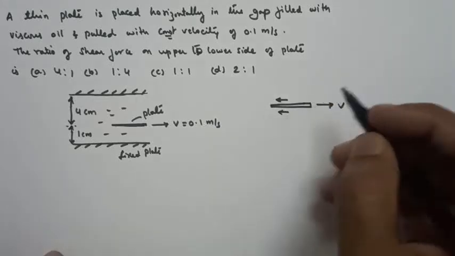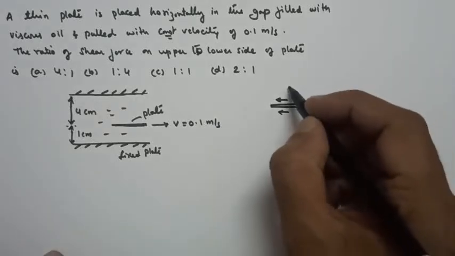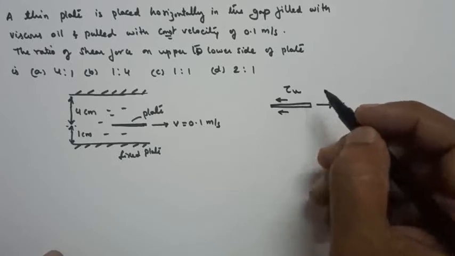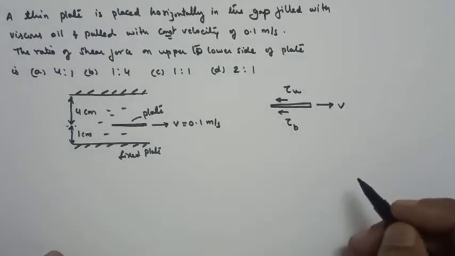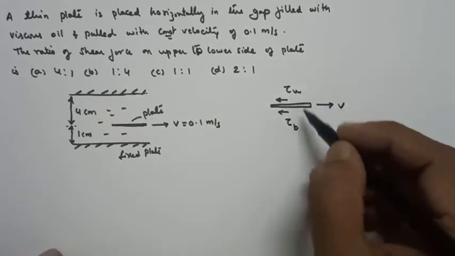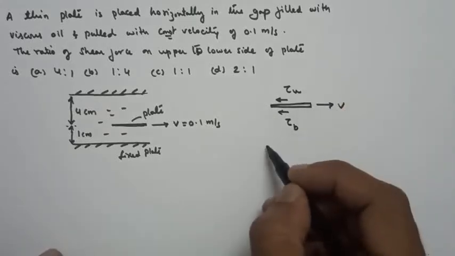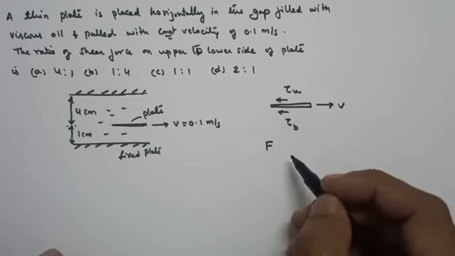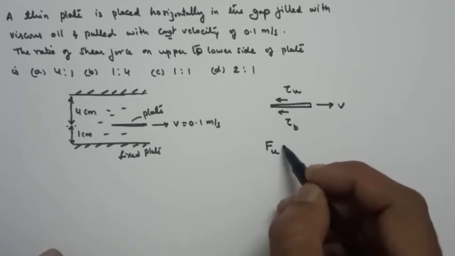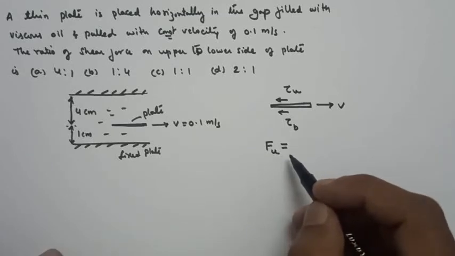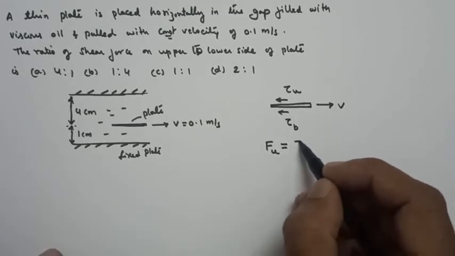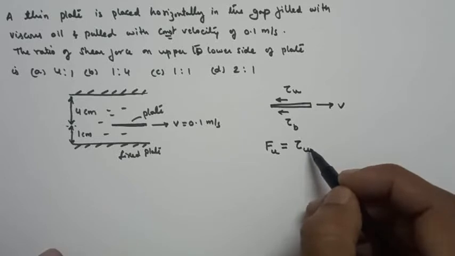So this shear stress on the top we'll call U, and bottom we'll represent as B. Now this shear force on the top is also opposing the movement of the plate. So we'll call this Fu, the shear force on the upper side of the plate.